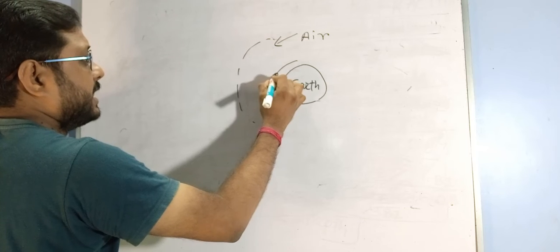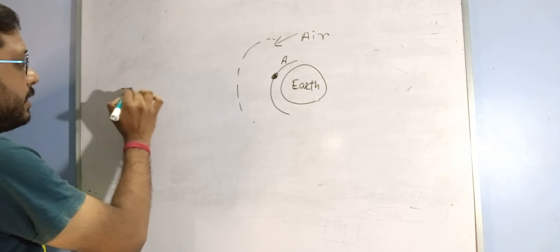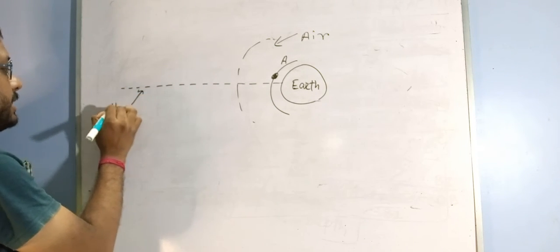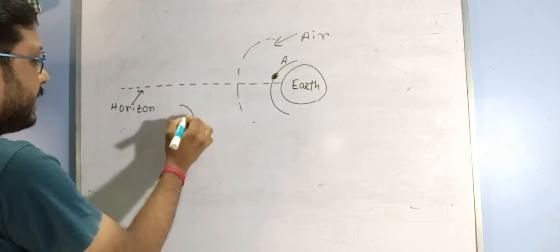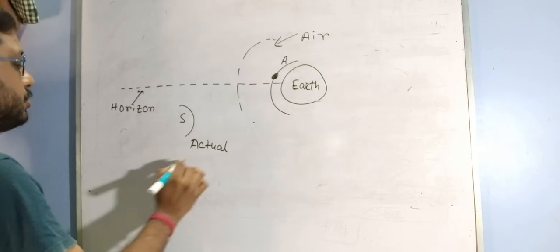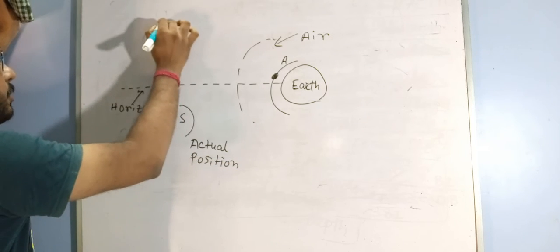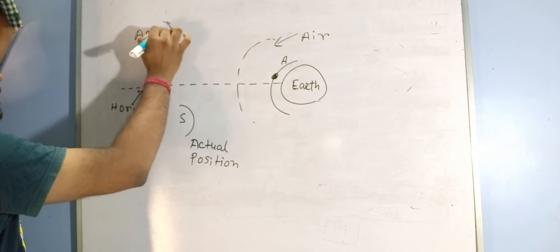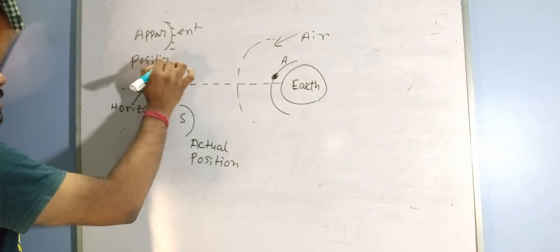If an observer is placed at this position as position A, and this is the horizon, the actual position of the sun is this, and this is the apparent position of the sun.